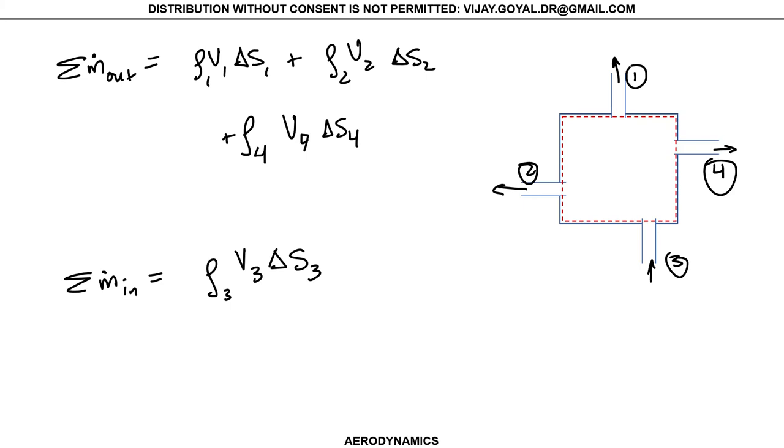And now let's go ahead and apply the conservation of mass. The conservation of mass says that everything that's going in, your summation of in, has to equal everything that's going out. In our particular problem, you had 3 segments that went out and 1 segment that went in.